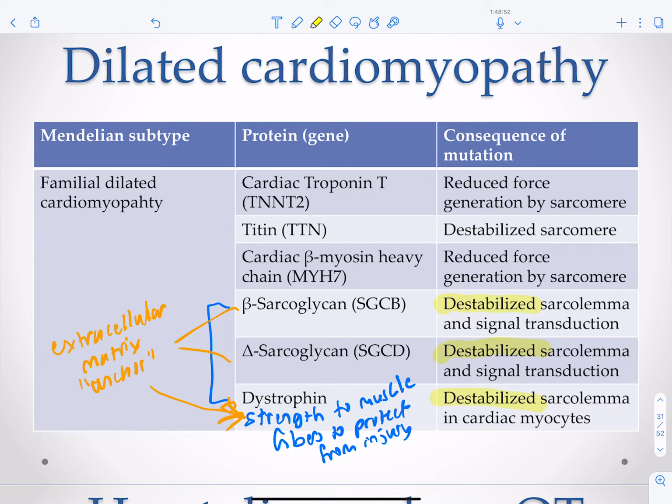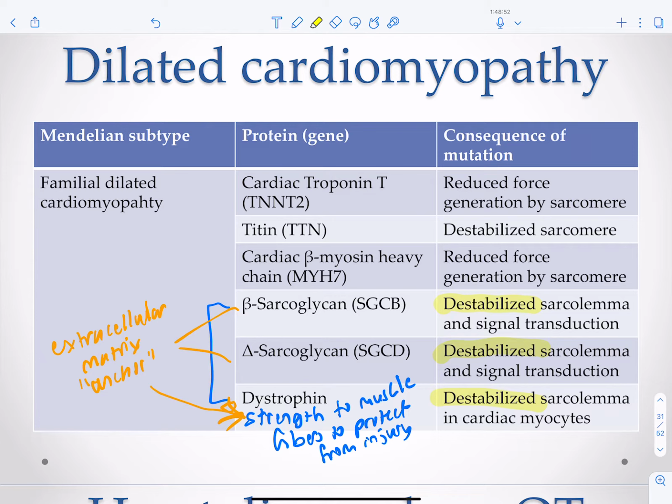So sarcoglycans, beta and delta, are going to interact with dystrophin, and they're going to help to strengthen the muscle. Just keep in mind that the sarcoglycans are part of the extracellular matrix, and they are going to be closely related to the dystrophin protein. So any mutations in any of those three are going to lead to destabilization.